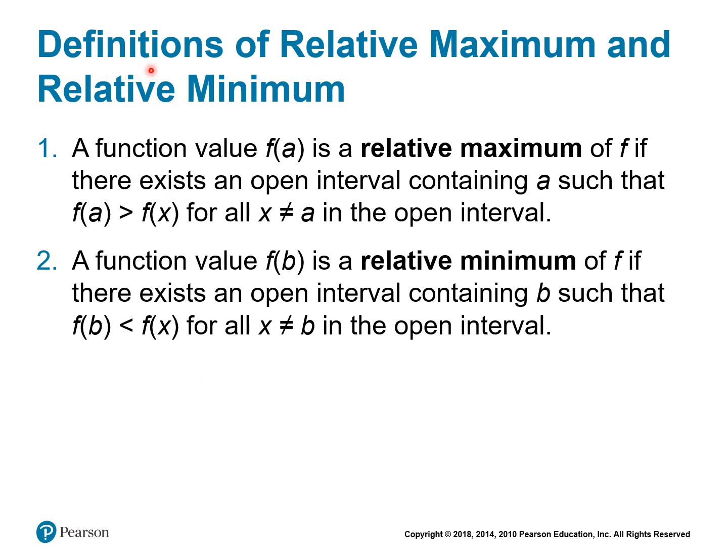Here we're going to talk about what relative maximum and relative minimum in a graph means. I'm going to read the wording here, but I think this can be best explained using an example. It says a function value f of a is a relative maximum of f if there exists an open interval containing a such that f of a is greater than f of x for all x not equal to a in the open interval.